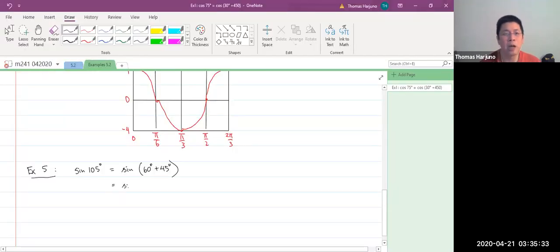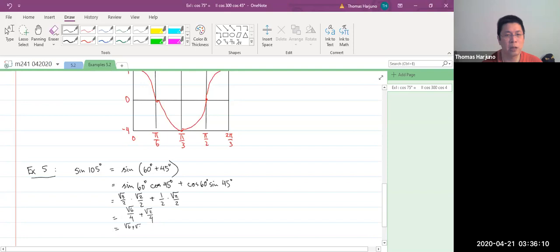So this is sine 60 degrees cosine 45 degrees plus cosine 60 degrees sine 45 degrees. That's radical 3 over 2 times radical 2 over 2 plus 1/2 times radical 2 over 2. That is radical 6 over 4 plus radical 2 over 4. That is radical 6 plus radical 2 all over 4.